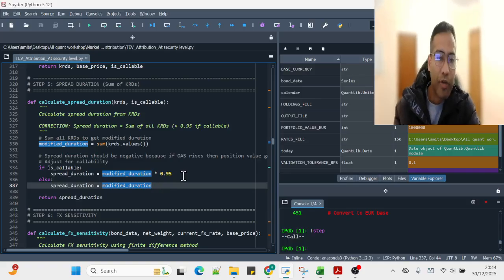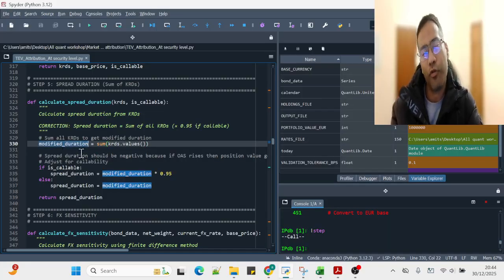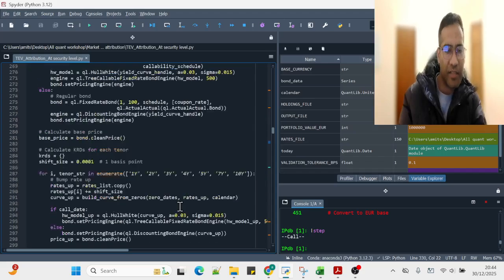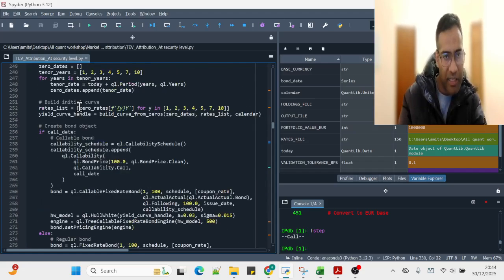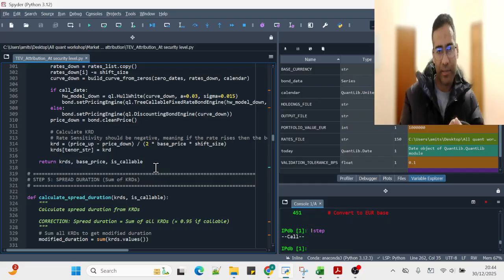This approximation, that the sum of KRD is equal to modified duration, is quantitatively justified if you don't want to separately calculate your spread duration. But the formula would still be the same. You fluctuate your credit spread, like OAS spread, determine two prices, and divide by the shift size and the base price.